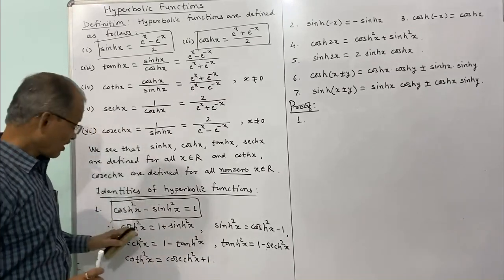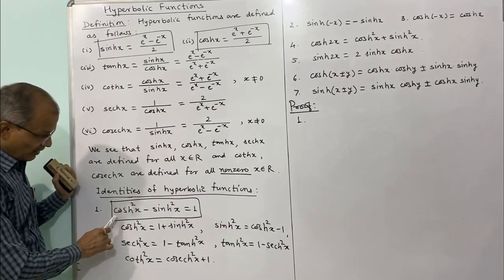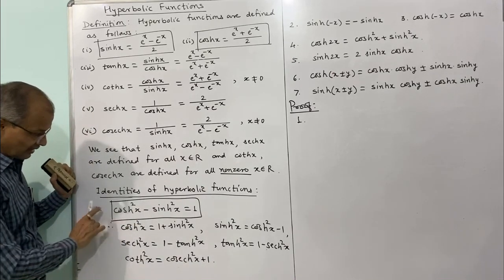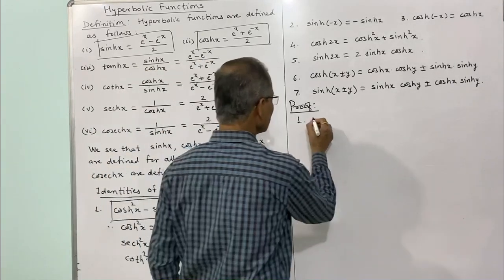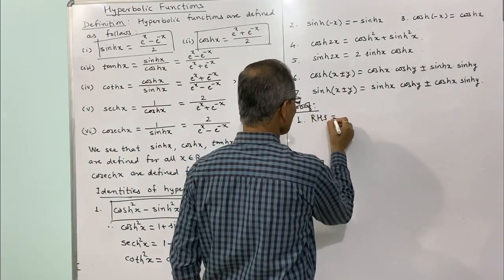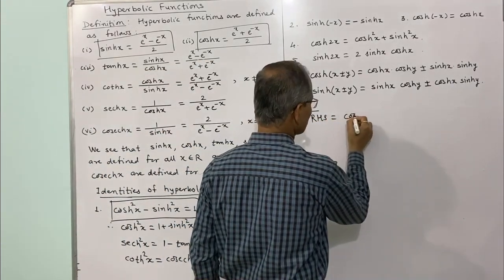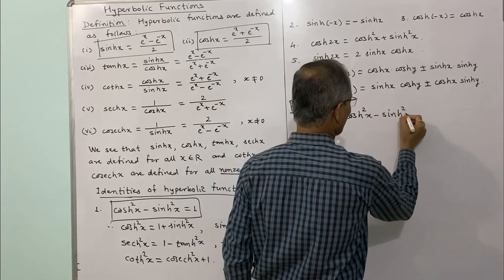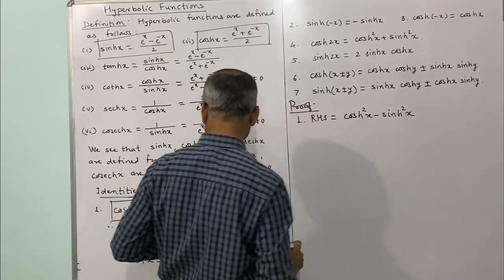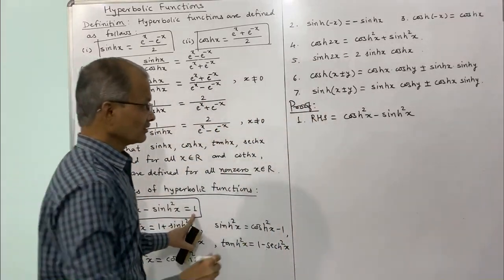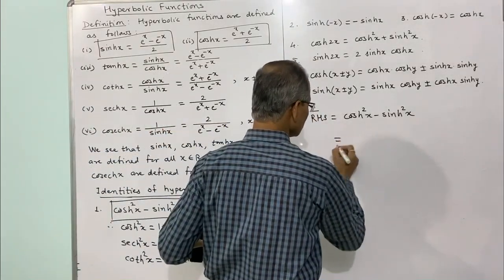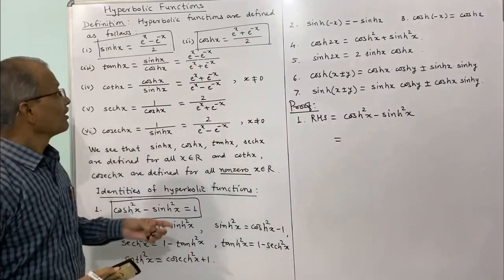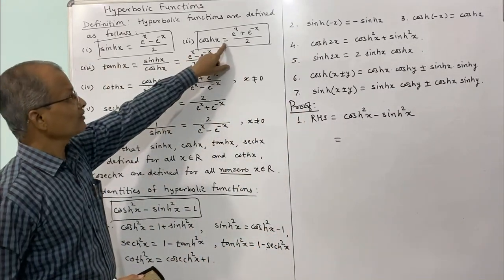Now we will prove this one, and for this purpose we consider the RHS. So what is the RHS of this? RHS is hyperbolic cos square x minus hyperbolic sin square x, and we want to show it is equal to LHS, that is 1. So this is equal to, we use only the definition. What is the definition for hyperbolic cos x?